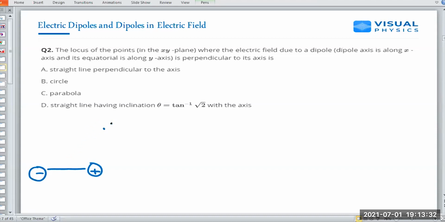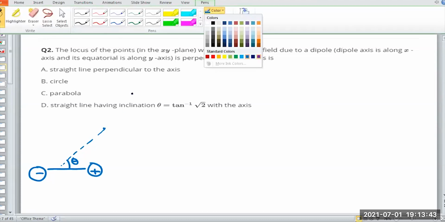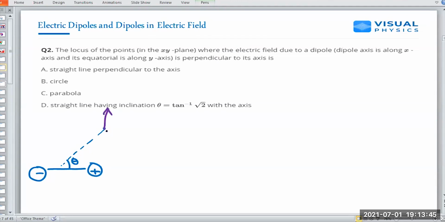And I have already told that at any general point, if this angle is theta, my net electric field makes an angle alpha with this axis. So it will be making alpha plus theta angle with the axis of the dipole.